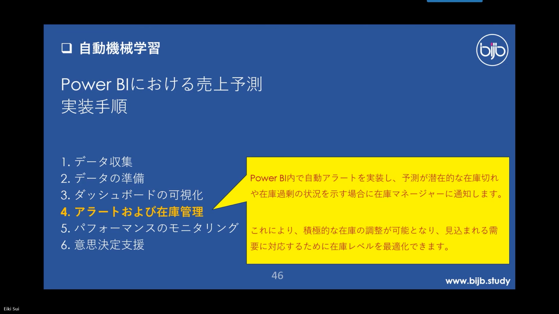Next one is alerts and inventory management. So basically, analytics itself, with all the AI power, if you have all the data and AI will find the trends, without letting the key decision makers know about the data, is pointless, right?